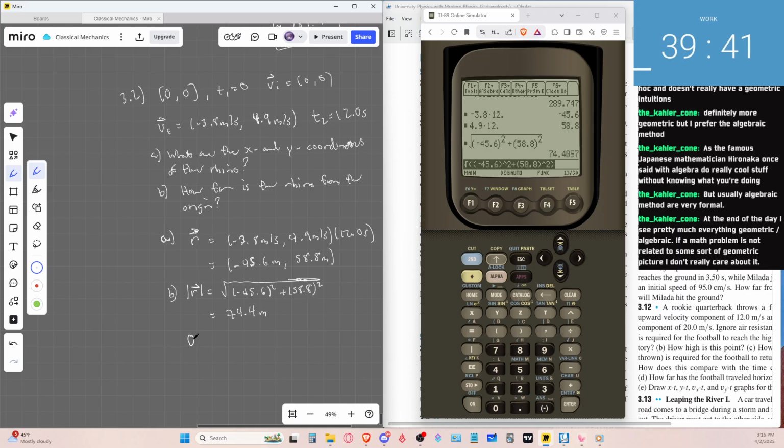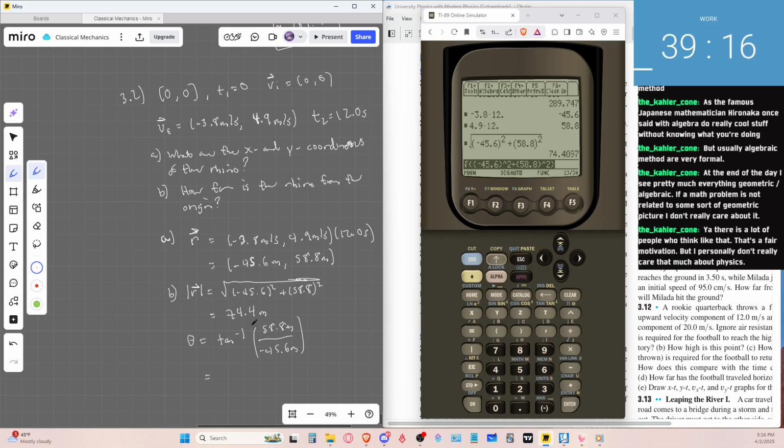I think for the angle, so this is, oh, it's at the bottom. I think we're going to run into some technicals we're going to have to deal with. So in this case, I think we're going to have to add 180 degrees.